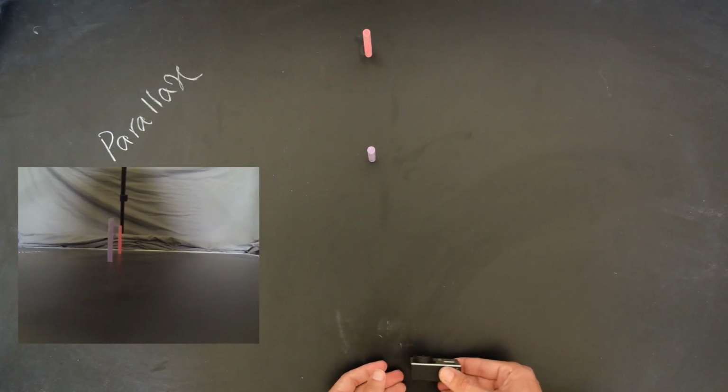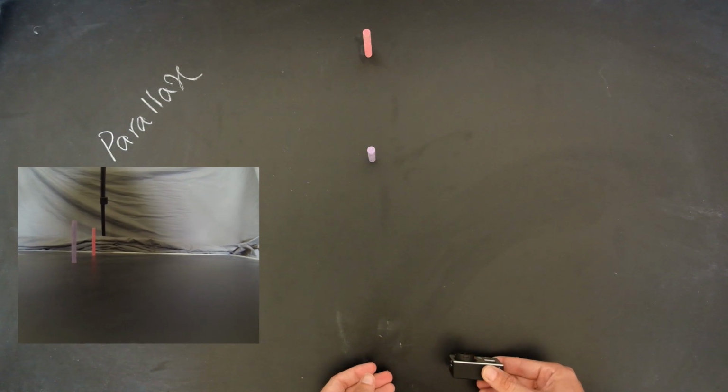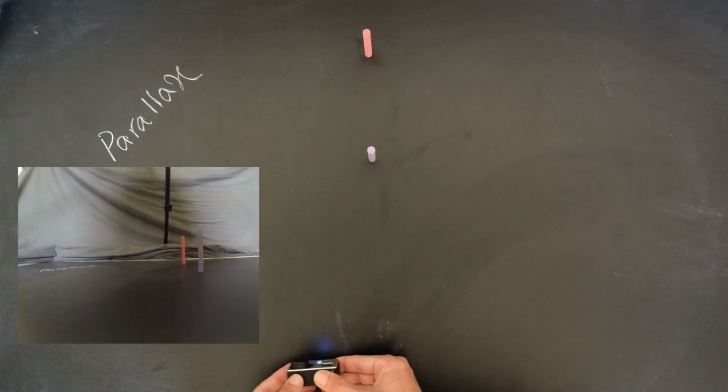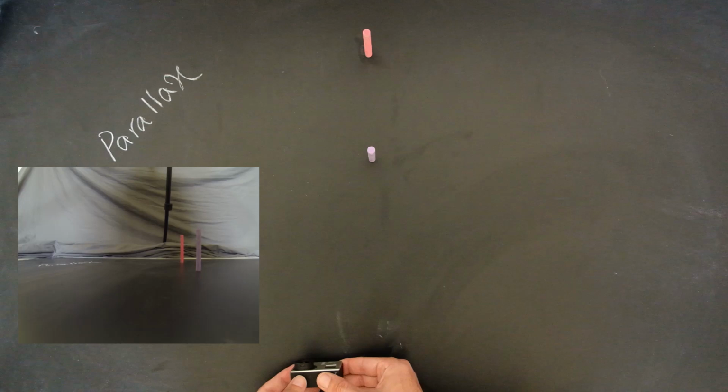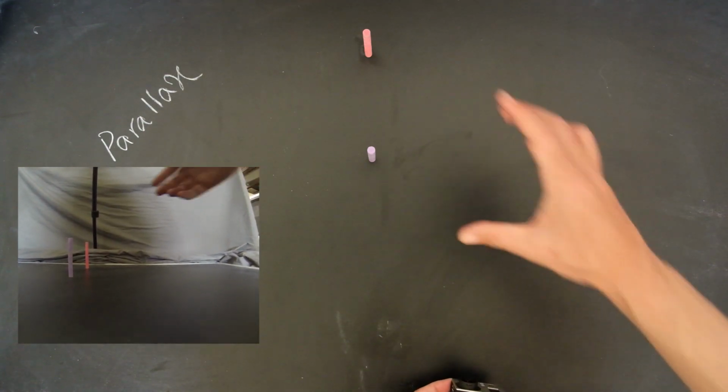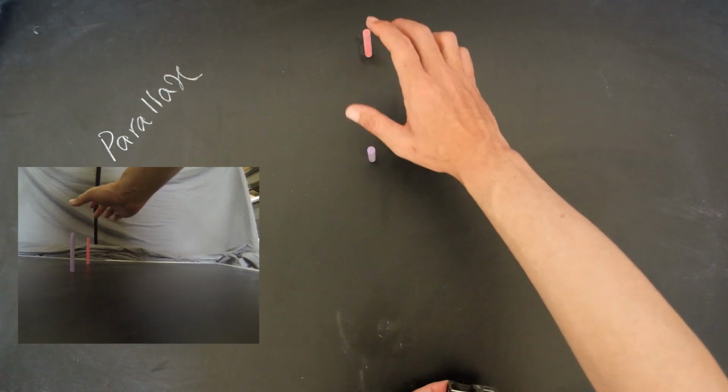You can see what's happening in this case. I'm moving toward this side and this side. Looking from different points, I will see a different angle between foreground and background, and this shift in their relative position is called parallax.